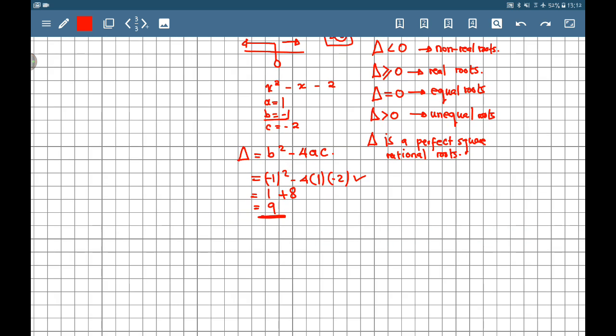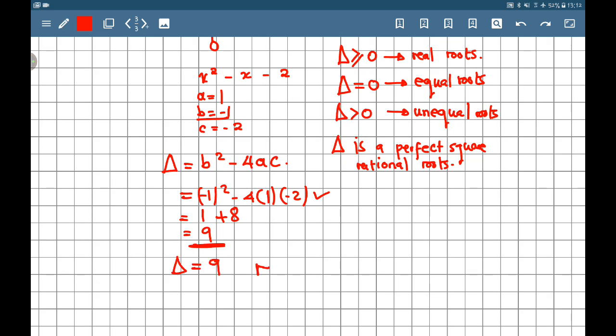So you're going to check here. The roots are real to start with, and at the same time, the discriminant is not equal to 0. So if the discriminant is greater than 0, we are going to have unequal roots. It means the roots are real and they are also unequal.